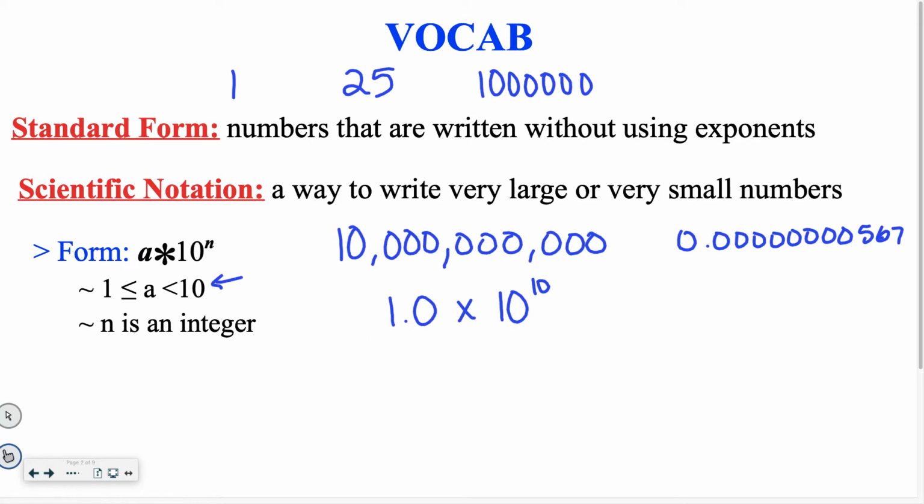So that number out front that you're multiplying by 10 to the something always has to be greater than or equal to 1 and less than 10. Then n is an integer. That means we're not going to have decimals for our exponents. Those exponents always have to be nice numbers. They have to be integers. No decimals up there.